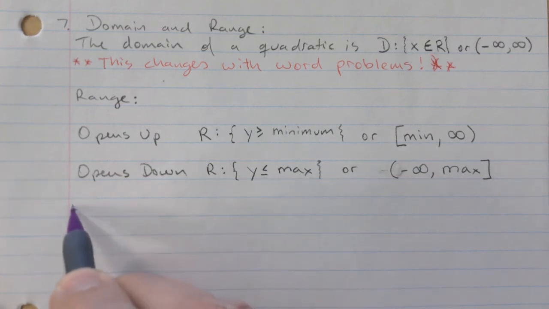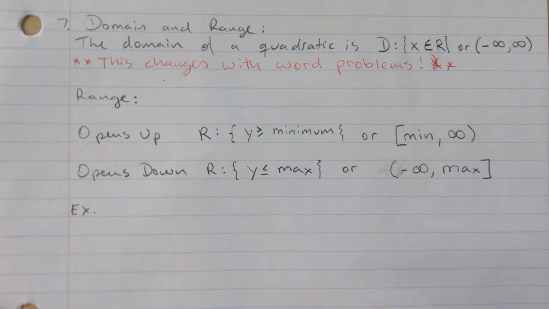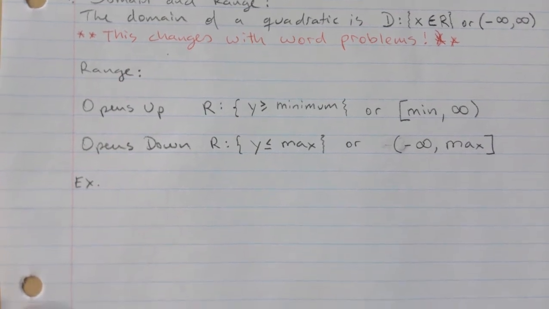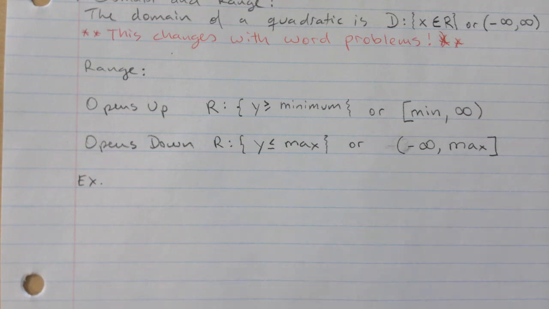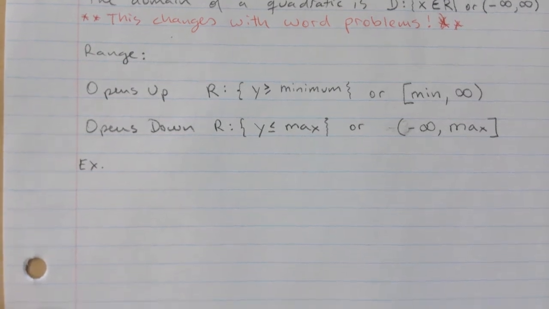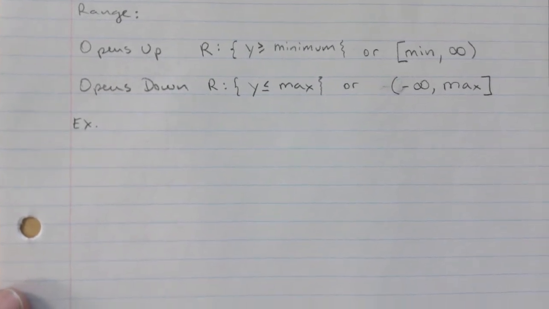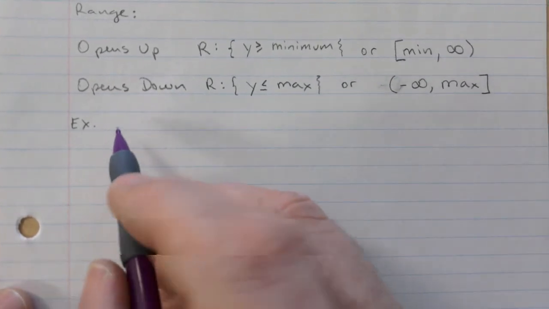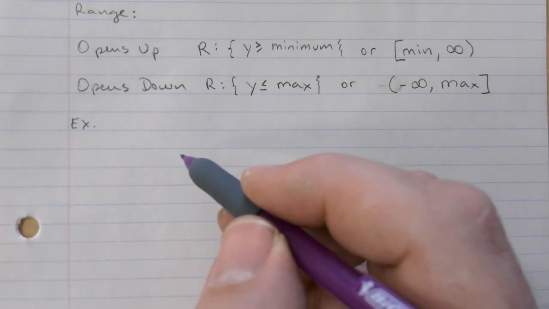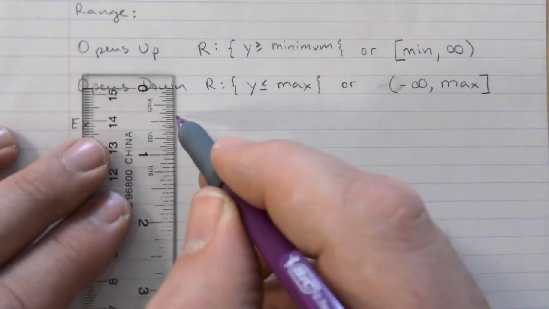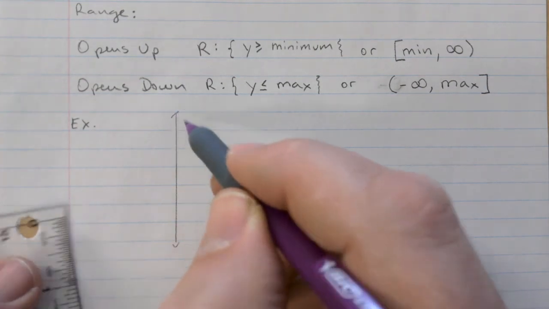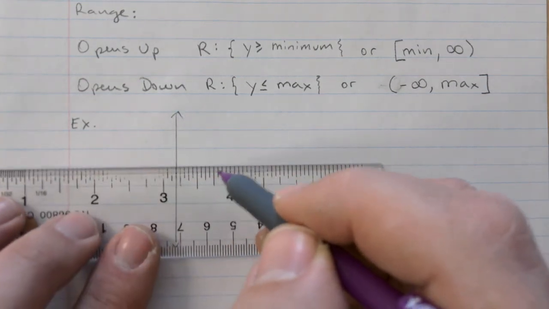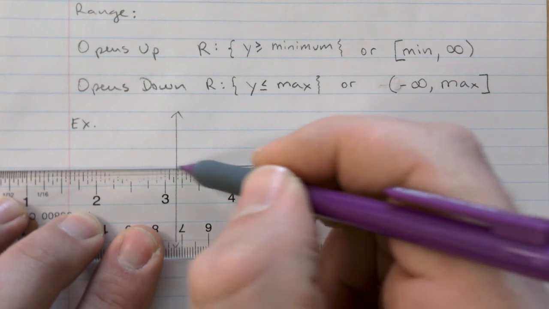Examples. So for range, you should have this on your study sheet, right? Domain and range is going to be huge. So examples here. I'm going to make a grid here and we're going to graph one, just sketching it really. So no need to put a scale on these ones, okay?